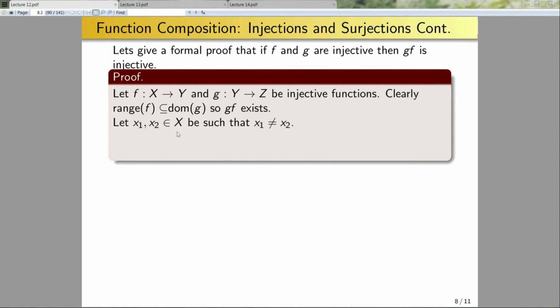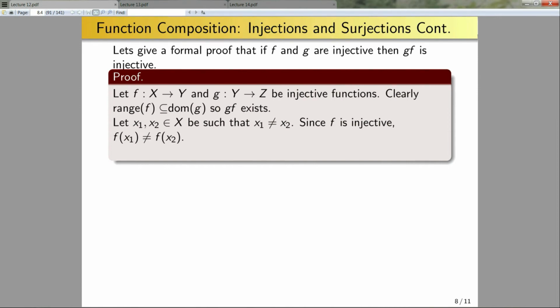Well, my intuition from the picture that I previously drew suggests that I first need to consider 2 points x1 and x2 in X, such that x1 is not equal to x2. So from here, what do I do? Well, since f is injective, f of x1 is not equal to f of x2. Unique elements of X get mapped to unique elements of Y by f.